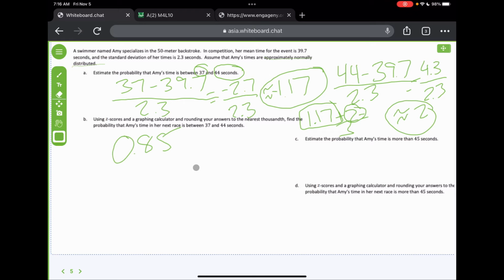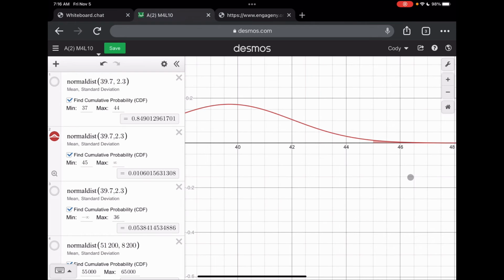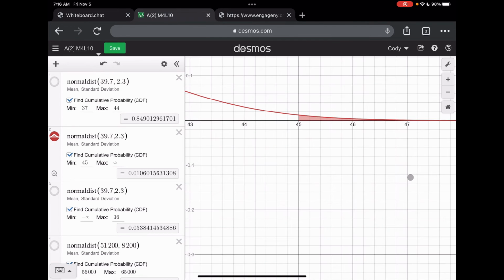Okay. Now, estimate the probability that Amy's time is more than 45 seconds. Well, if we go back to Desmos here, and we want to go more than 45 seconds, there's our curve, and you can't even see it really, but if you zoom in right here, what's the probability that it's going to be more than 45 seconds?